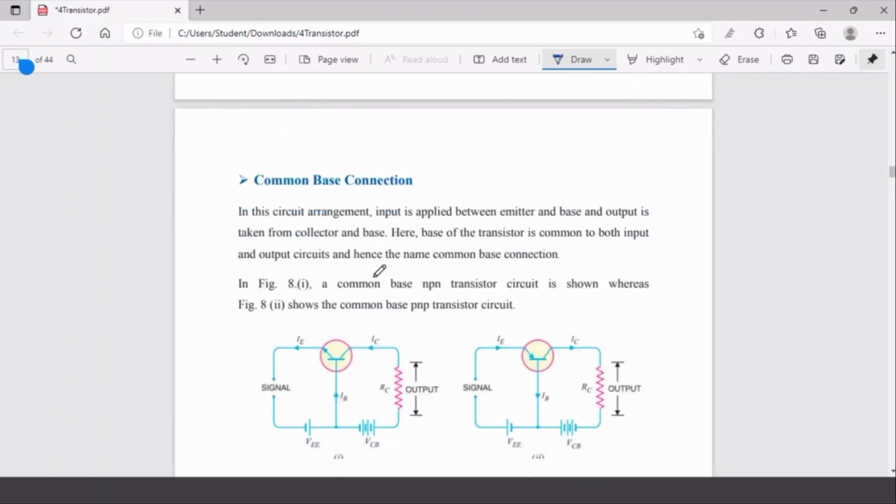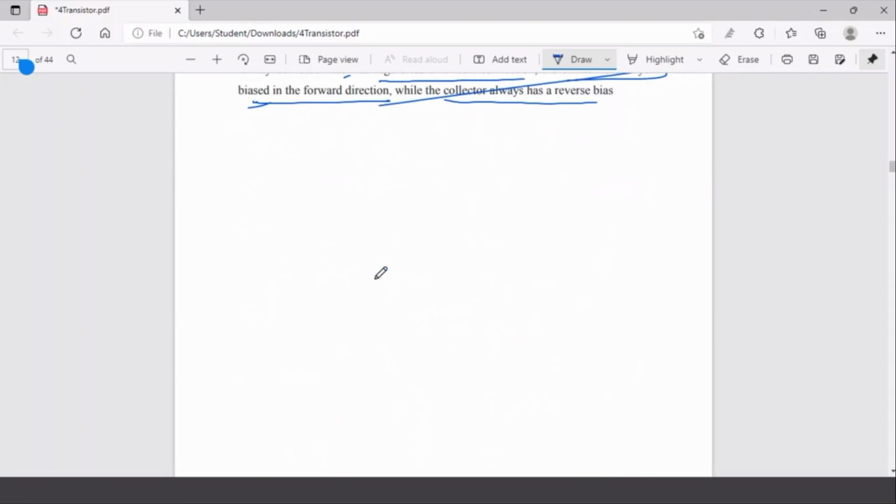Now, common base connections. When do we say it's a common base? Let's say this is emitter, base and collector. If my circuit has the base common between input and output, I will represent this as a common base connection.